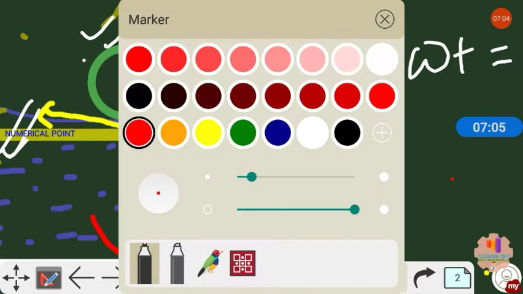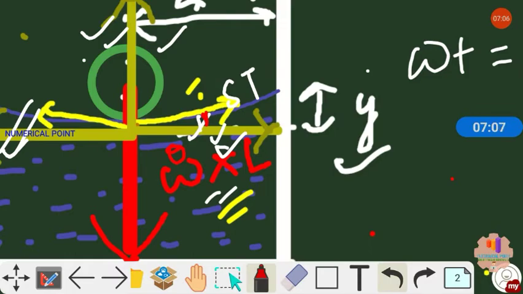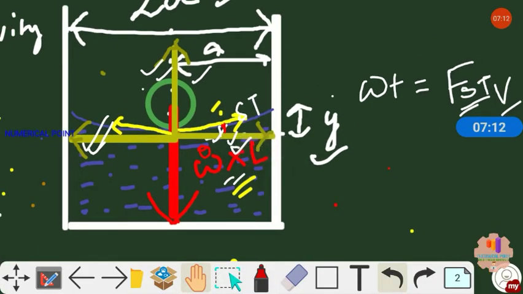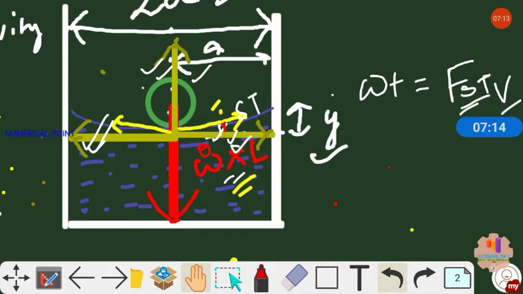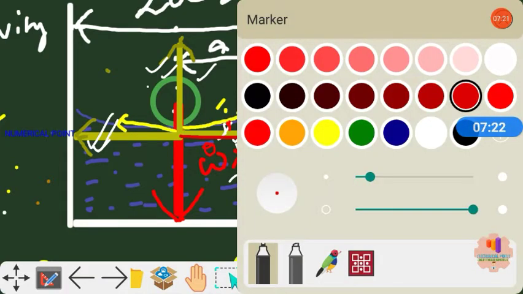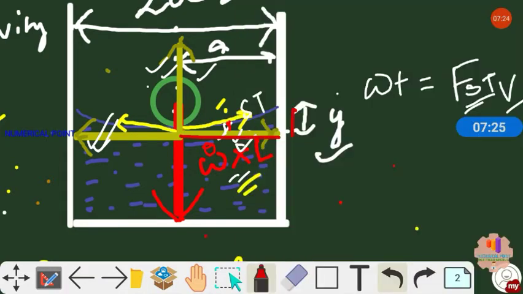Let's say the length is 2a, that means this length is a, and this is y. So from the triangle law we can find the angle theta.